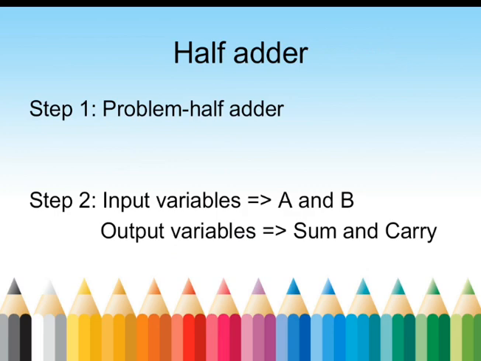A half adder is a combinational digital circuit which can perform addition of two input binary digits called augend and addend, and it will produce two different outputs called sum and carry.